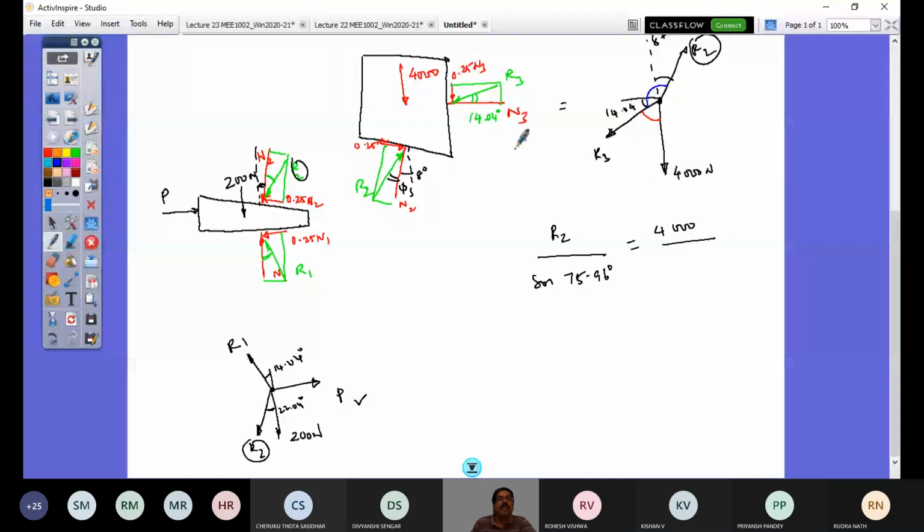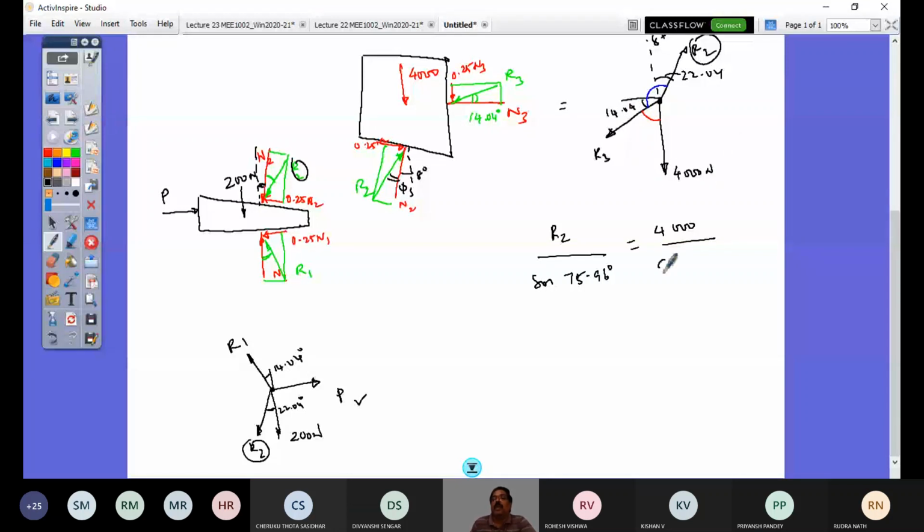So that angle would be now 90 plus 14.04 plus 22.04. R2 to the vertical is 22.04, and this angle is 14.04. So 14.04 plus 22.04 plus 90 degrees is the angle included by R3 and R2.